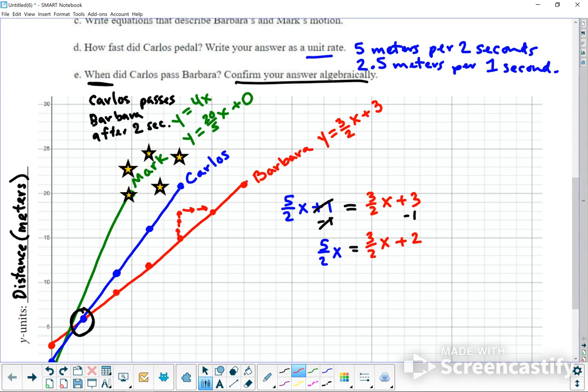And then we need to subtract the 3 halves over. So minus 3 halves x. Okay, and that cancels. All right? And we should have equals 2 on the right-hand side. And 5 halves minus 3 halves. Right? So basically 5 minus 3 because the bottoms are the same denominator. So 5 minus 3 is 2 halves x.